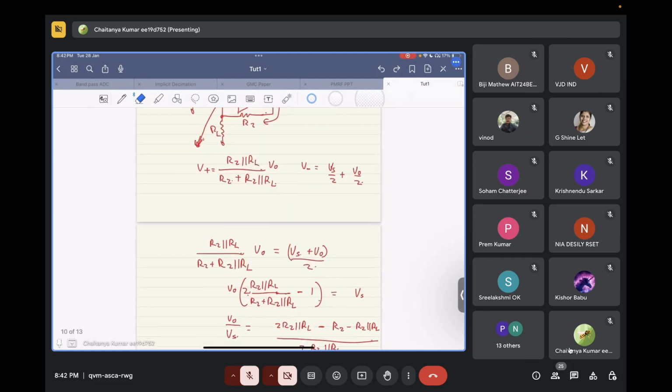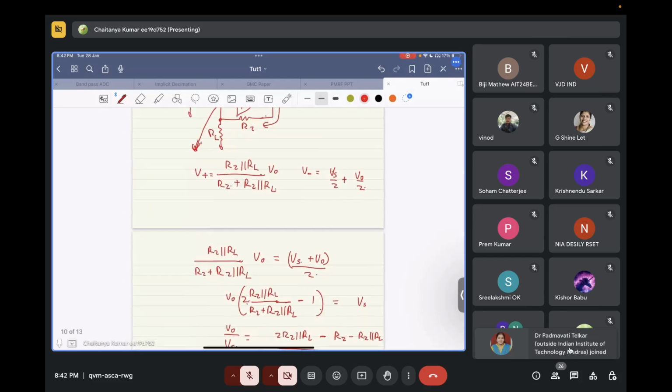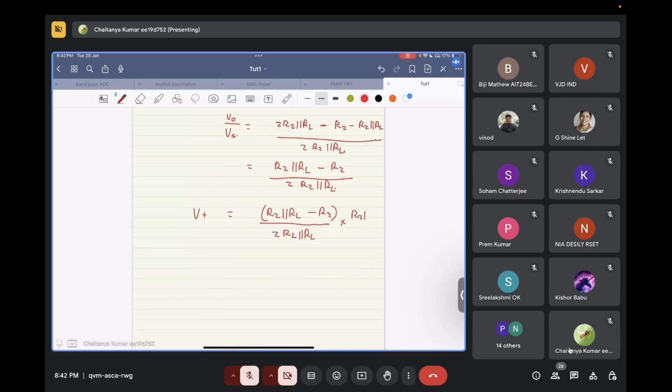Now V plus we need to find out, right? So V plus will be (R2 parallel RL minus R2) divided by 2 R2 parallel RL, times R2 parallel RL divided by R2 parallel RL plus R2, times Vin.